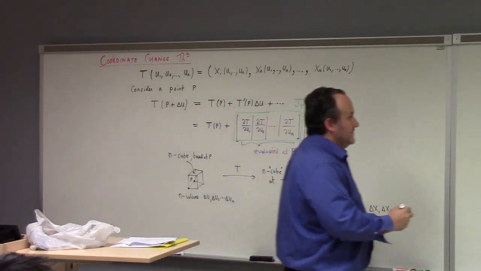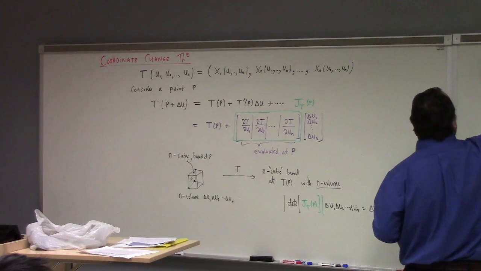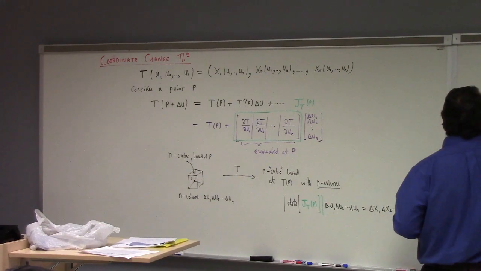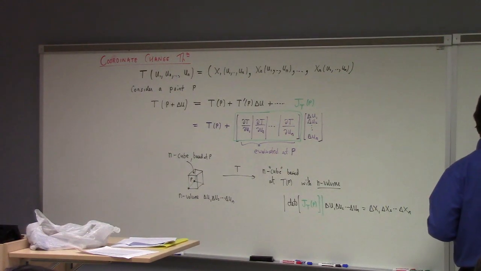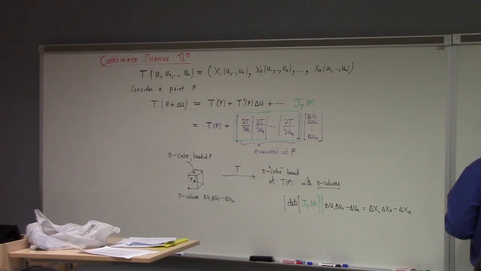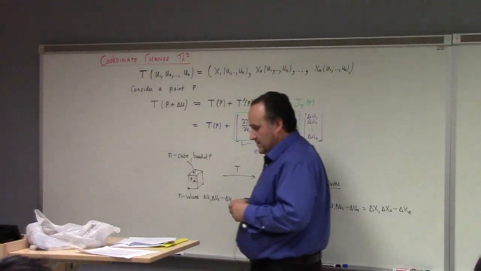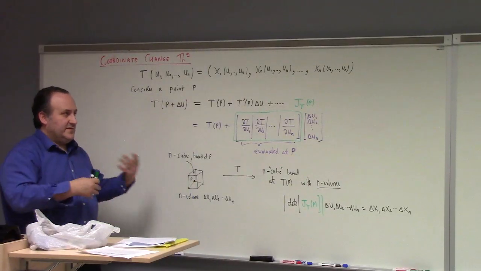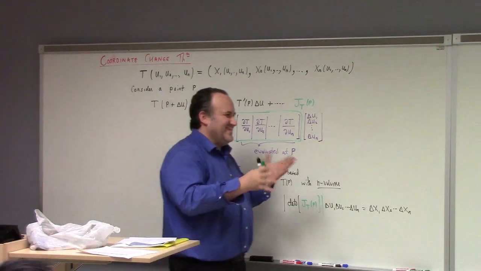And so what this suggests then is that dx1, dx2, dxn, we can think of as simply the absolute value of the determinant of this handy-dandy Jacobian matrix of the transformation at the point in question, all right, times du1, du2, dun. And then basically the point is, if I simply add up these infinitesimal n volumes over matching regions, then I get the same answer. And that's a sketch of the theorem.